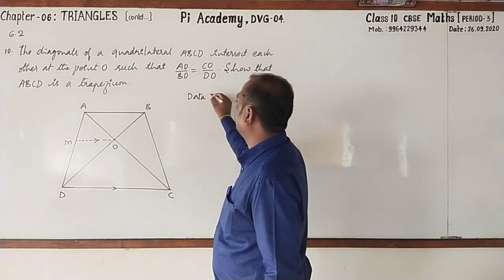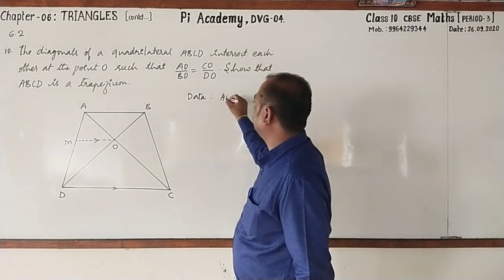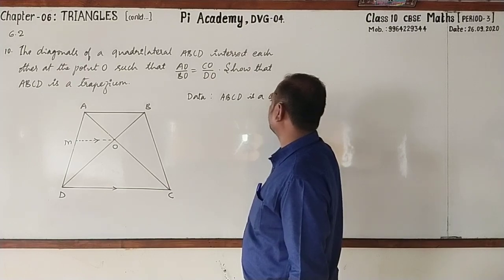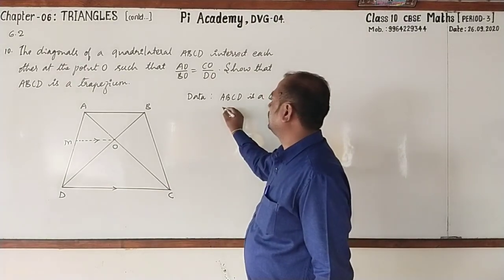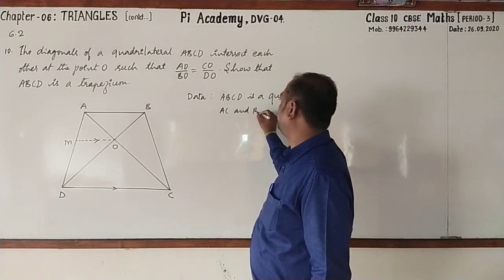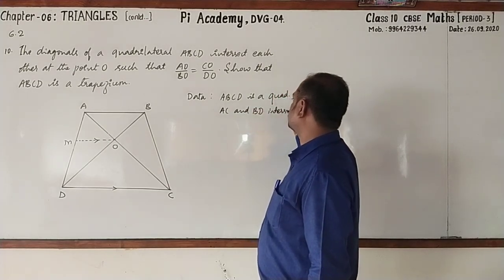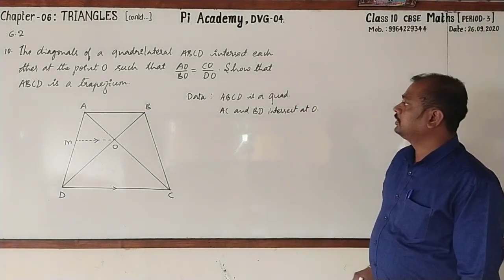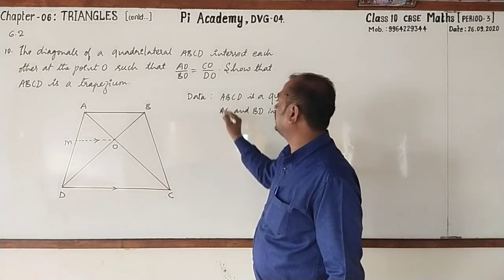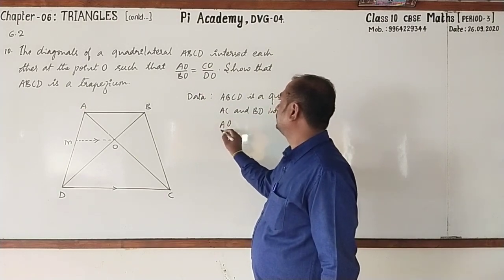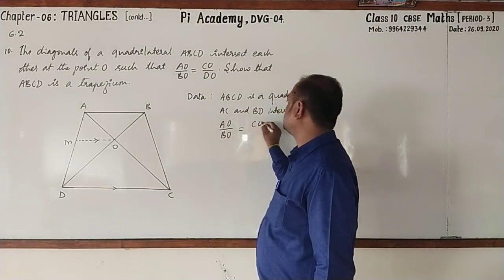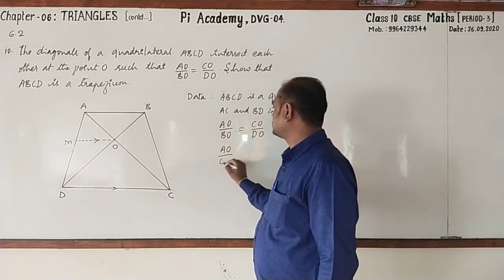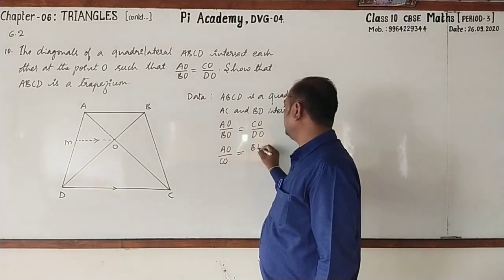Data. What do you write? ABCD is a quadrilateral. Next, AC and BD intersect at O. Apart from that, they are also given AO by BO is equal to CO by DO. This can also be written as AO by CO is equal to BO by DO.